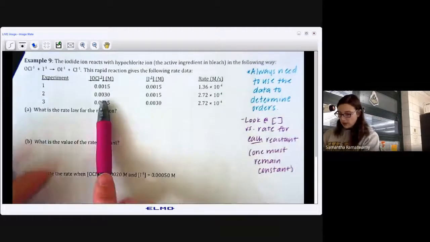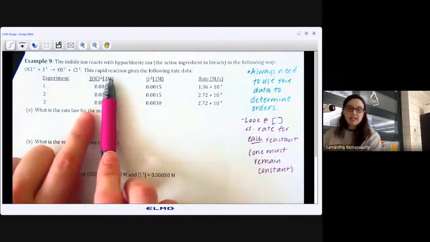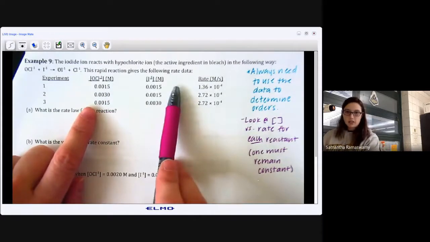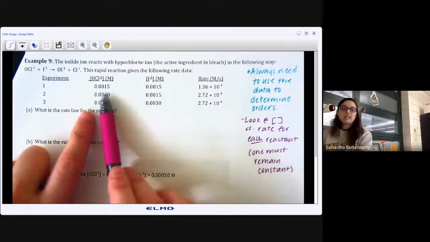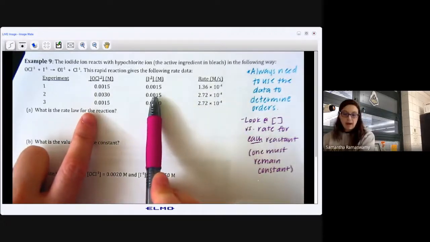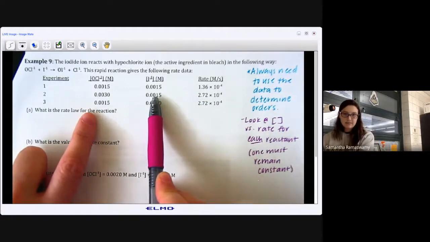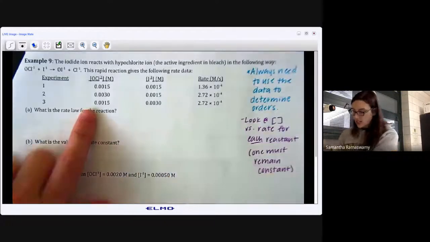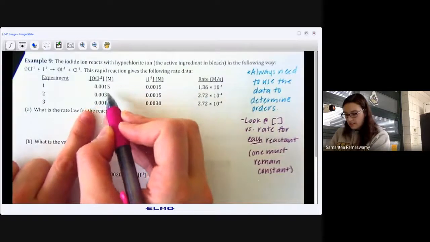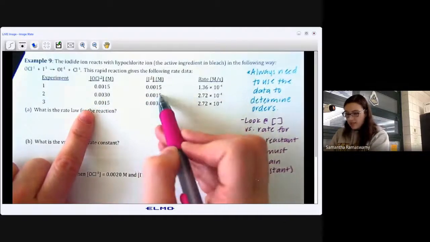So I'm going to start by looking at OCl-, and I want to see as OCl- changes, how does the rate change? But in order to see how OCl- affects the rate, I need to make sure that I- stays constant. So if I take a look at this, I want to look at where OCl- changes, I- remains the same.